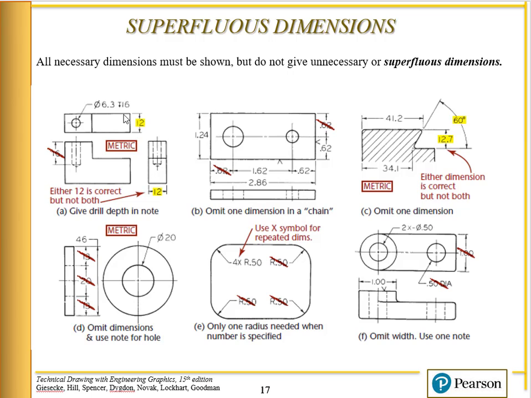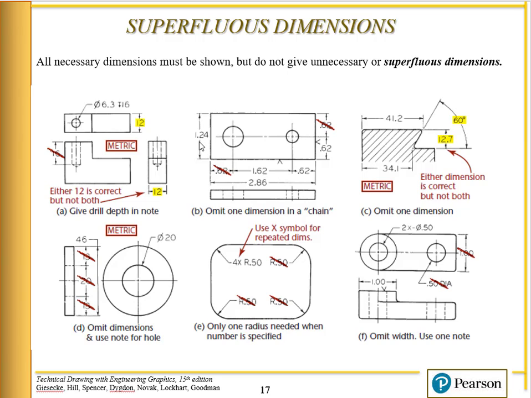In this case, we have the width of the part, 12 millimeters, is dimensioned here, and it's dimensioned here too. That's wrong. It's called double dimensioning. We don't want to dimension any feature more than once on a drawing. Now look at this one here.